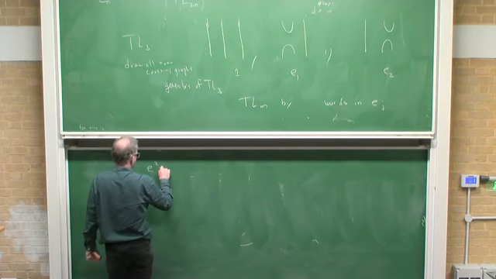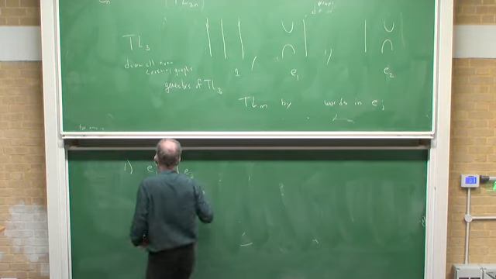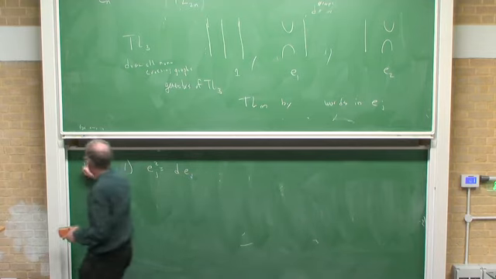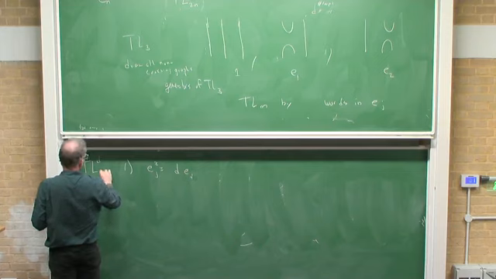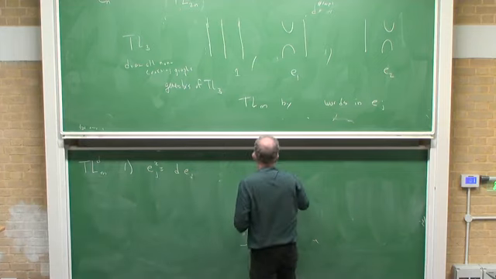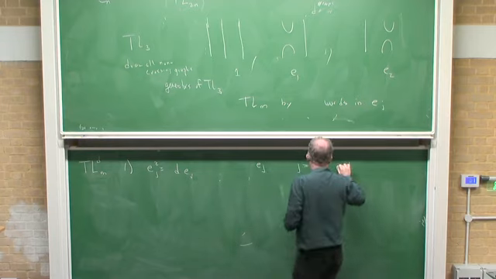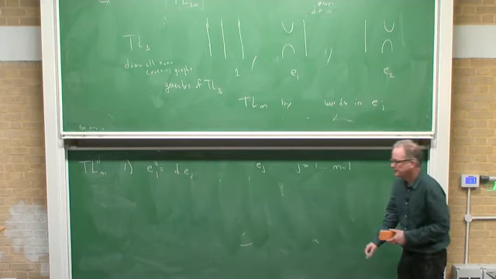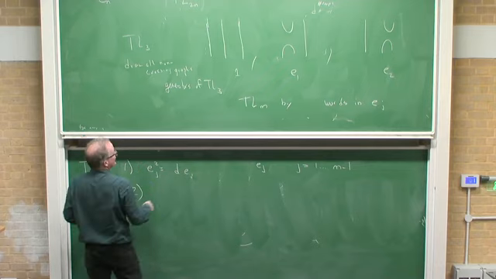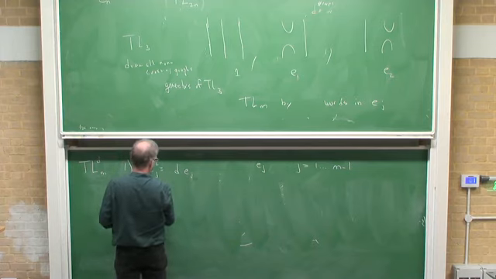So E_j squared equals d E_j. So now this is for TL_d, n strands. We have E_j with j running from 1 to n minus 1, subject to these constraints. So again, you draw all possible graphs, you mod out by this ideal.